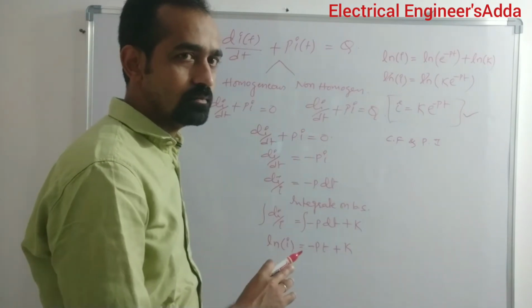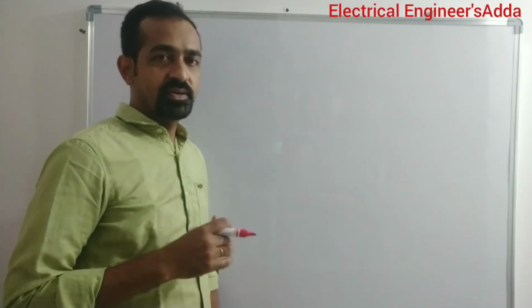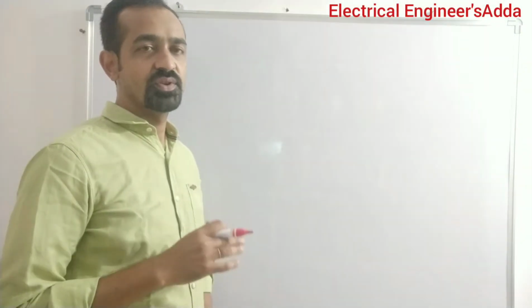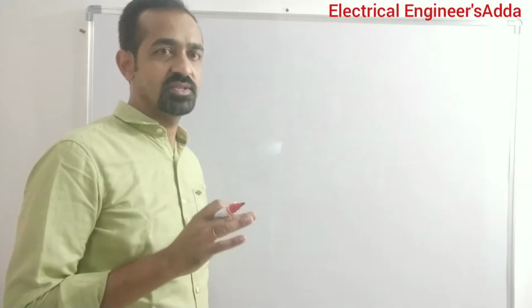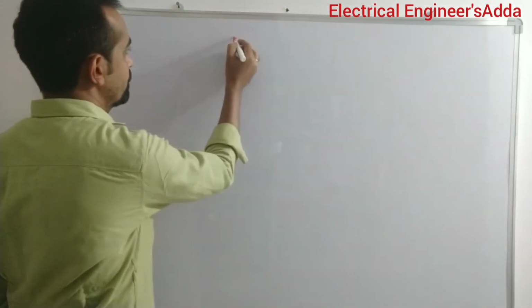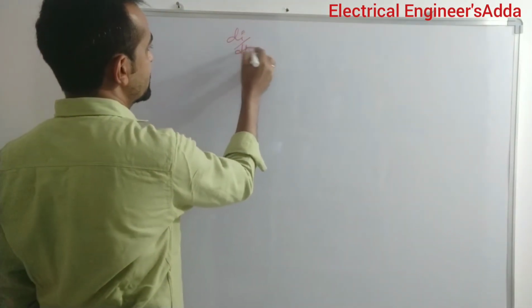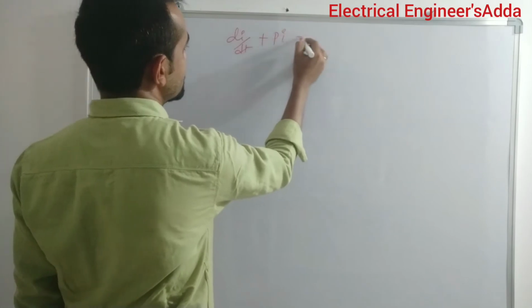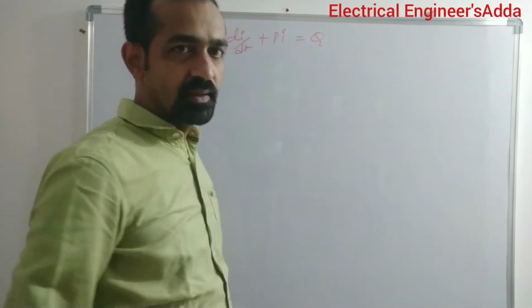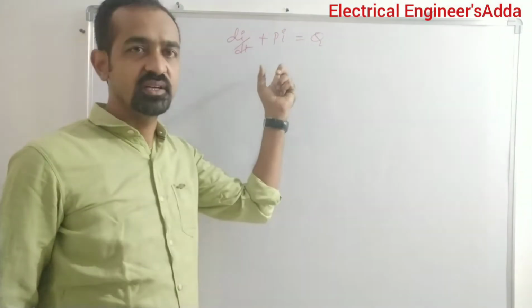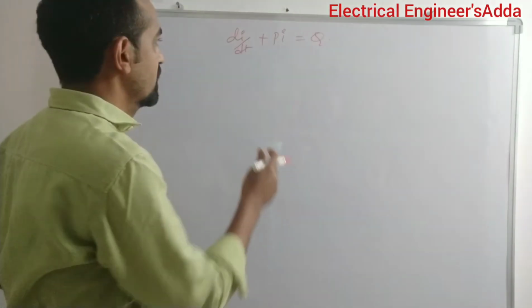Next we will see the solution of the non-homogeneous first order differential equation, di/dt plus p i equal to q.